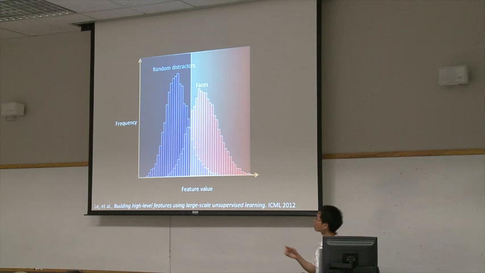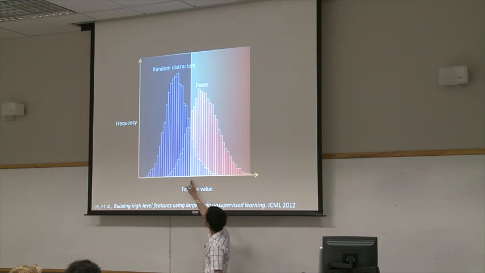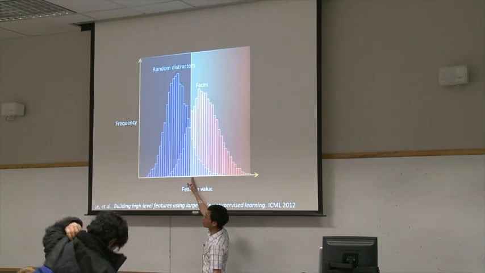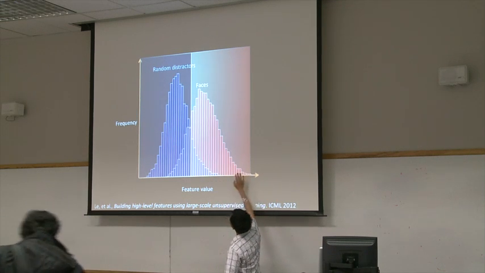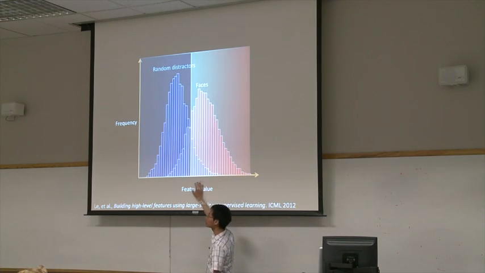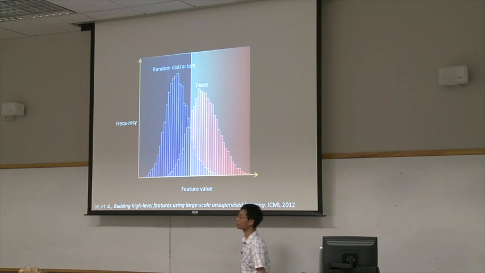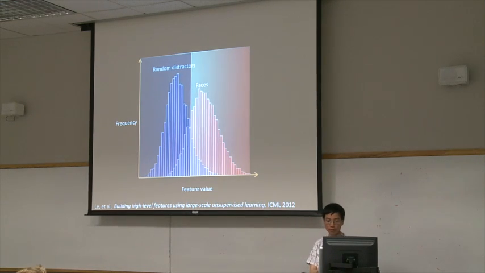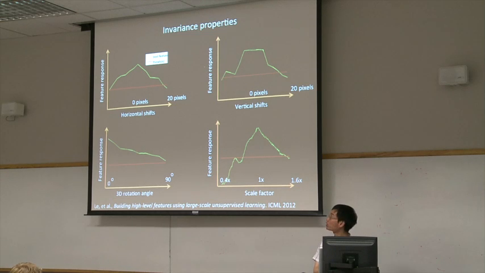So if the value of the feature is bigger than some value, we can be confident that it's a face, and otherwise we're less confident. We also found that it's quite invariant to a lot of transformations in the image.